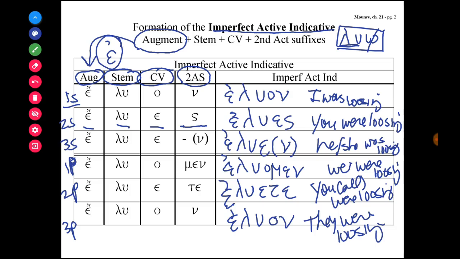And yes, if you notice, for the imperfect active indicative, the first person singular eluon and the third person plural eluon are exactly the same forms. And so eluon, this one form, can either be translated as I was loosing or they were loosing, and context will tell you which is the best choice.